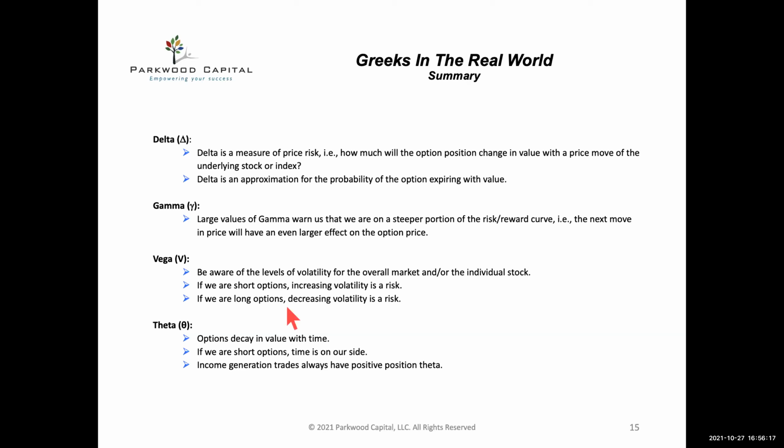But the advantage of the calendar spread is as implied volatility goes higher, those break-evens actually move out. So your risk, according to the stock price, is much lower than the risk according to implied volatility for a calendar spread. And that's why you have to understand these Greeks, because they point out these areas of risk and how they differ from trade to trade or from time to time.